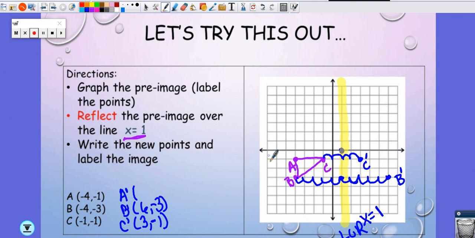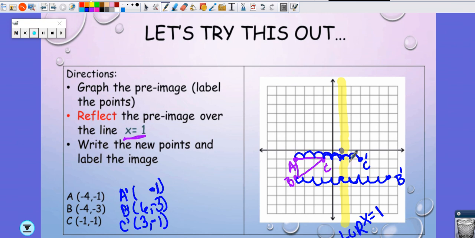And then for my A prime, I can already make a guess that since I'm going to end up changing my x value, my y value is going to stay the same. That's my guess, that this is going to be -1. So we're going to see. I am 1, 2, 3, 4, 5 from my line of reflection.